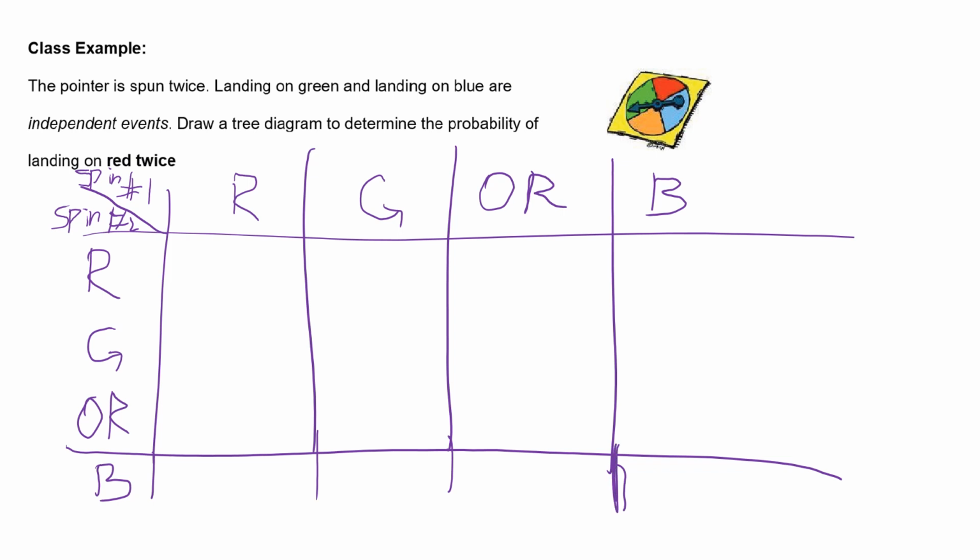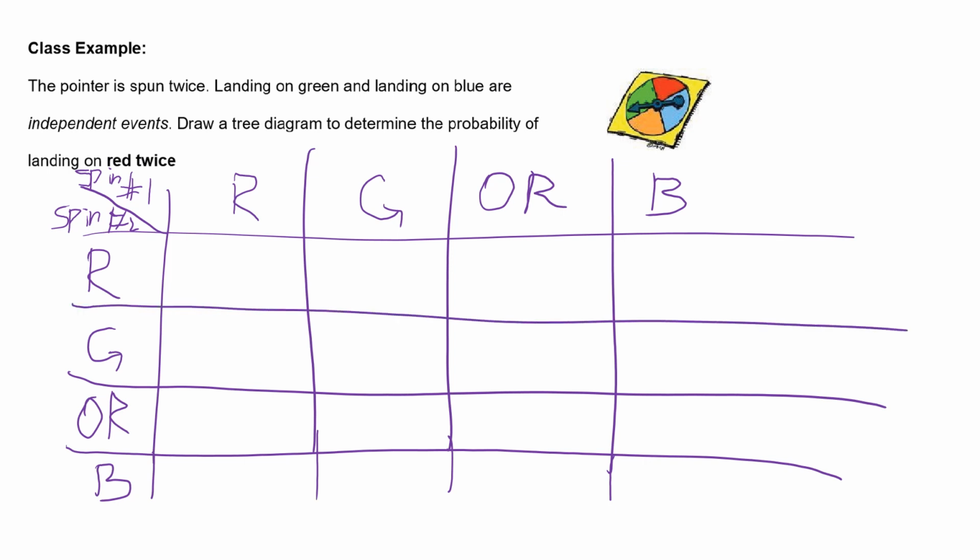Here's the problem though. If I use a different object like a coin, then the table will be a little bit smaller. And once you make that table, all you gotta do is literally fill in this blank, ladies and gents.